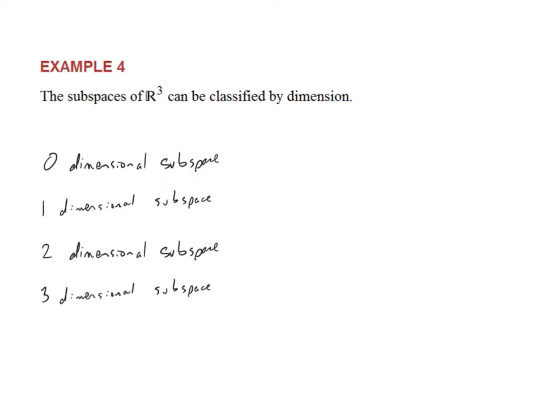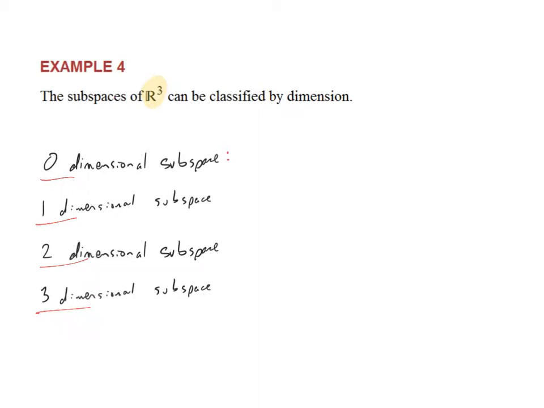Now, in this next example, we're looking specifically at R3 and all of its subspaces. R3 can have either a 0-dimensional subspace, a 1-dimensional subspace, a 2-dimensional subspace, or a 3-dimensional subspace. You can go from 0 up to 3. If it were R2, you'd only go 0 up to 2, R4, 0 up to 4, etc. So what is a 0-dimensional subspace?